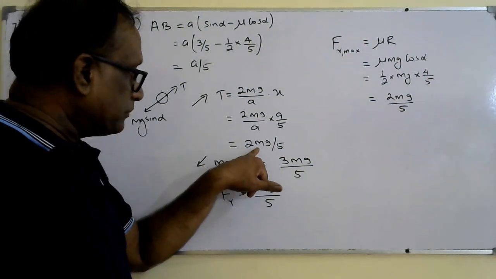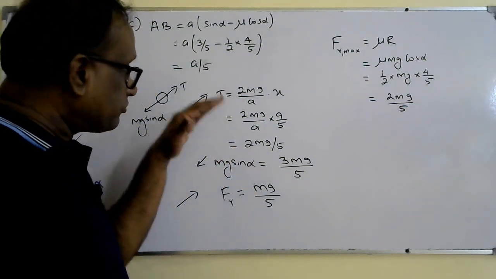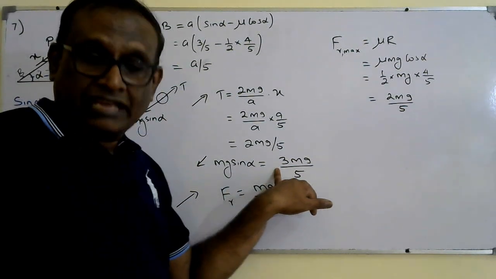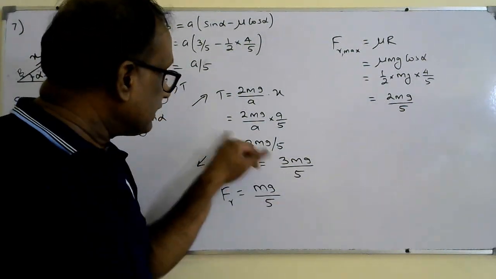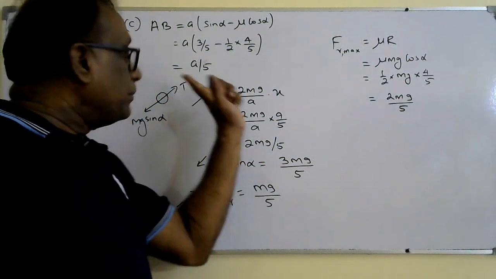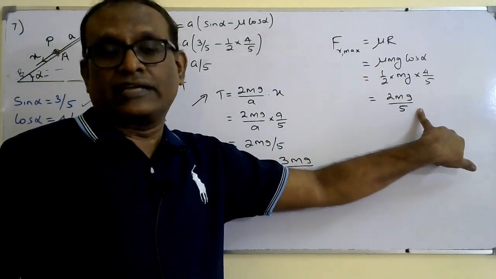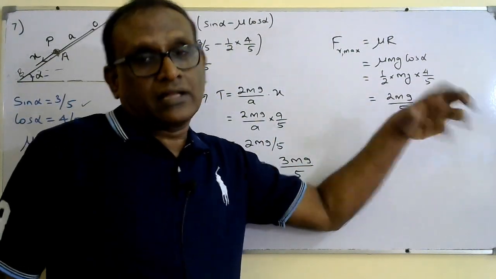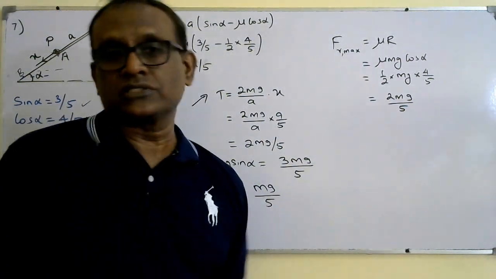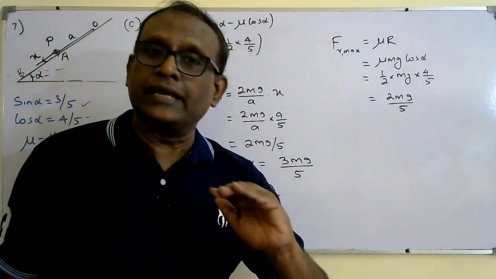The upward tension is 2 mg over 5. So it looks like the downward force is more than the upward force, so it could have a resultant force downwards. But if it tries to move down due to the difference, 3 mg over 5 minus 2 mg over 5, there will be friction that could be mg over 5, smaller than the maximum. That friction will balance the downward force, so there won't be any resultant force. The particle will remain at rest.